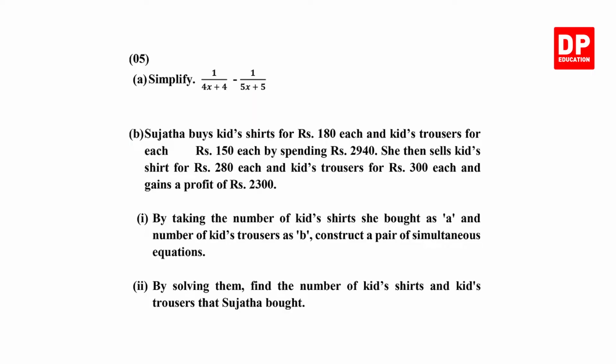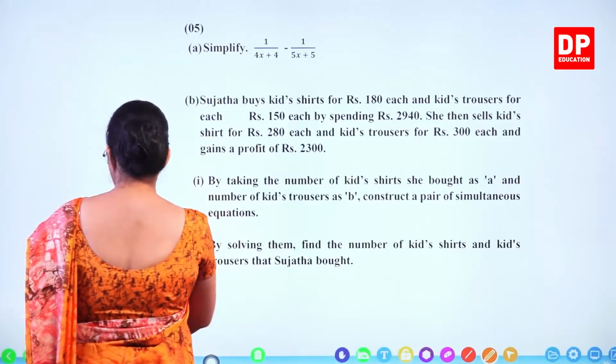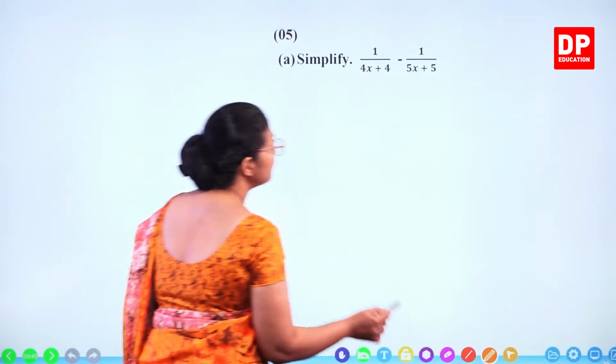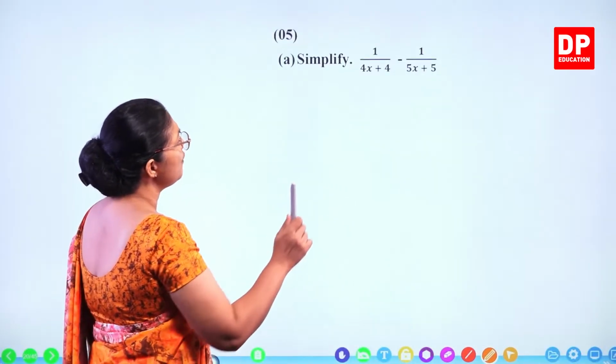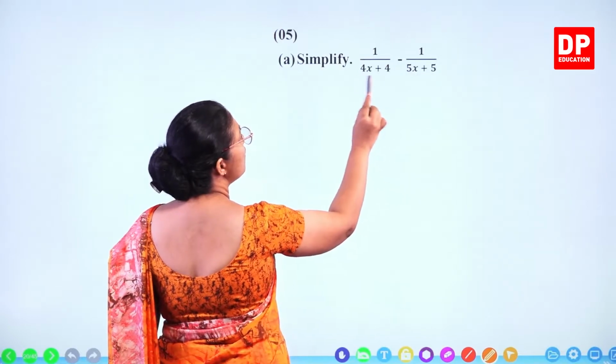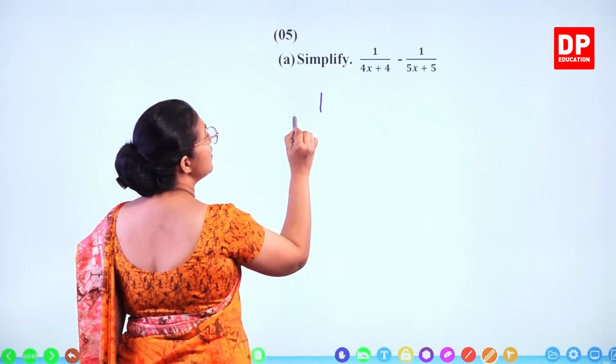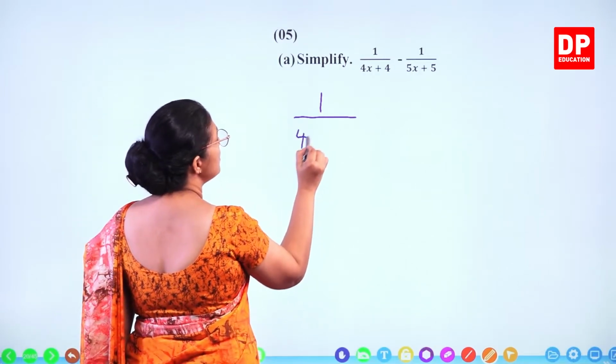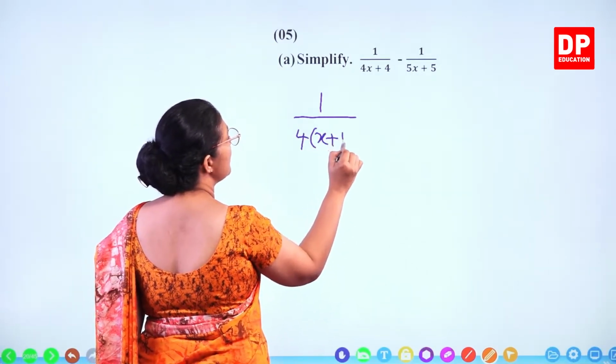Question number 5. Algebraic fractions in the first part. So how are we going to do this? Look, we can first factorize the denominators. You can take 4 out and you get x plus 1 here.